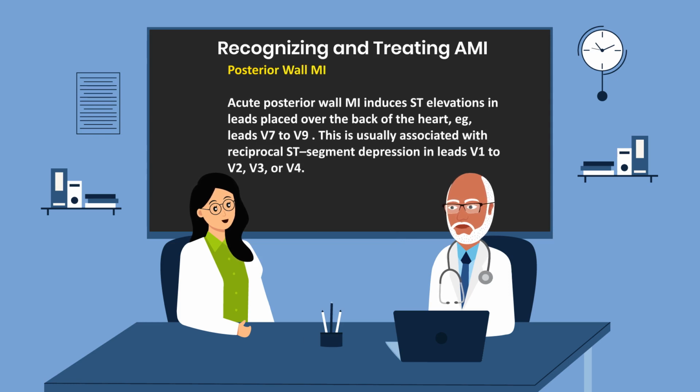Posterior wall MI. Acute posterior wall MI induces ST elevations in leads placed over the back of the heart, for example leads 7 through 9. This is usually associated with reciprocal ST segment depression in leads V1 to V2, V3, or V4.